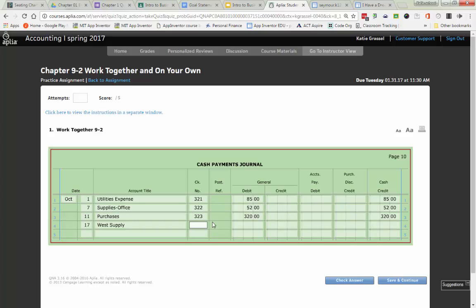My check number is 324. How much in the books does it say we owe West Supply? Yep, $3,420. Would you agree? The amount of the original invoice must go in the accounts payable column. So $3,420 is going to go in your accounts payable column, not general.